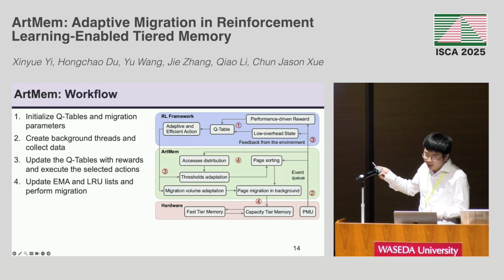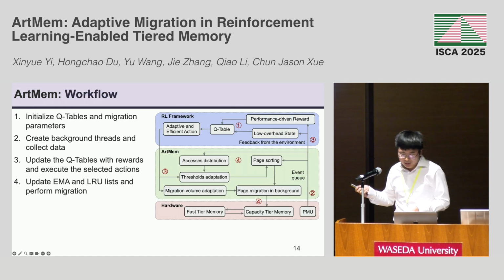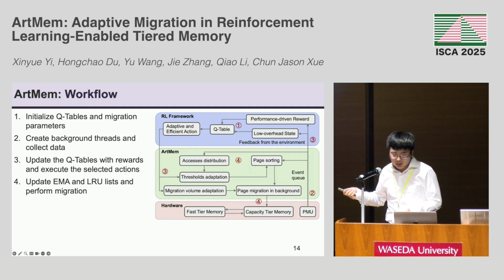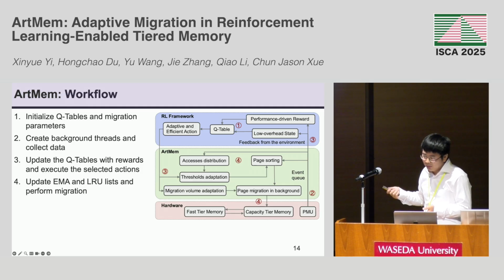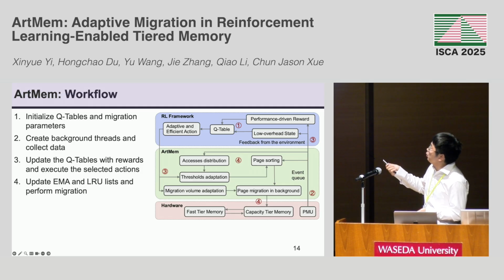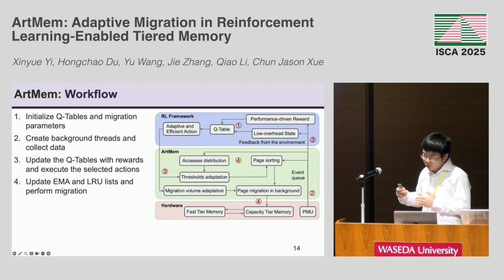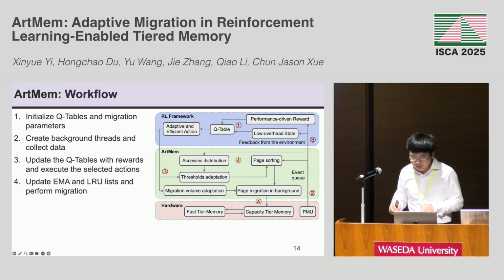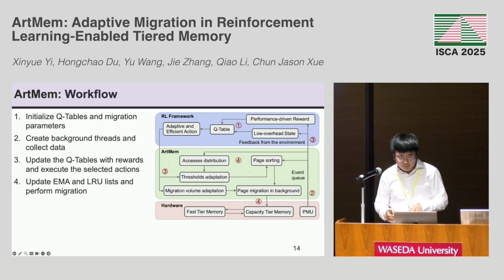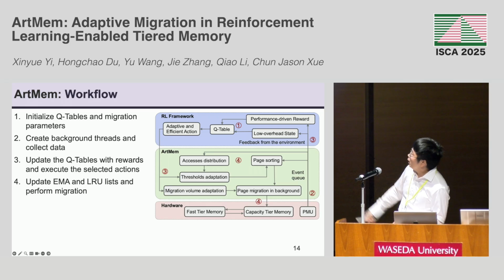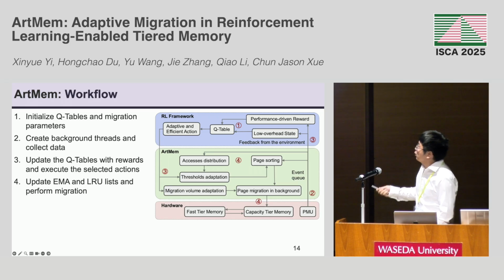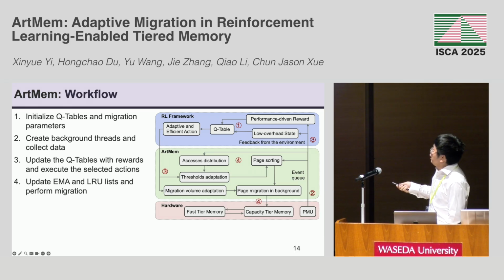And here's how everything works together in practice. We initialize the Q table and migration parameters. We give a high Q value to no migration when DRAM access is 100%. Background threads collect data, and then we update the Q tables and execute the selected actions.